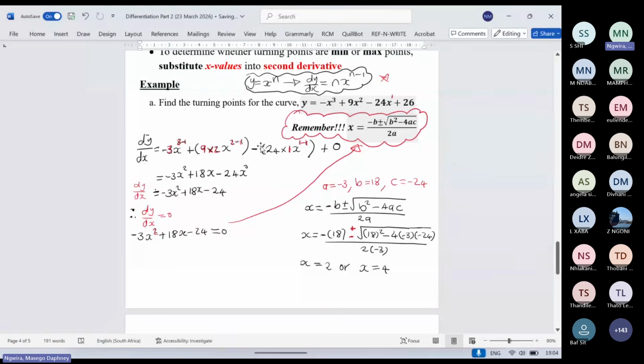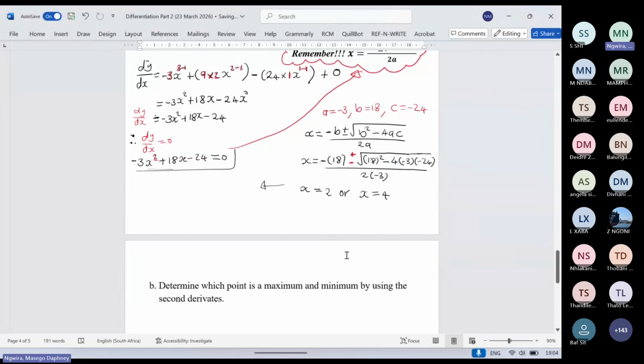So now I'm going to use the original formula to substitute. Please don't use the first derivative. Use the original formula.